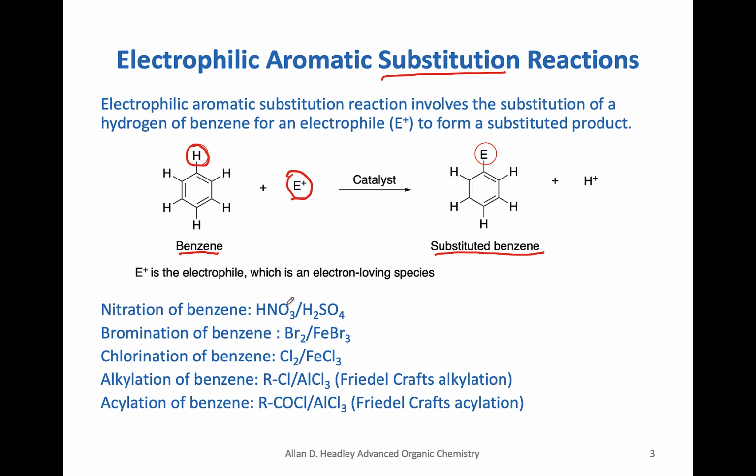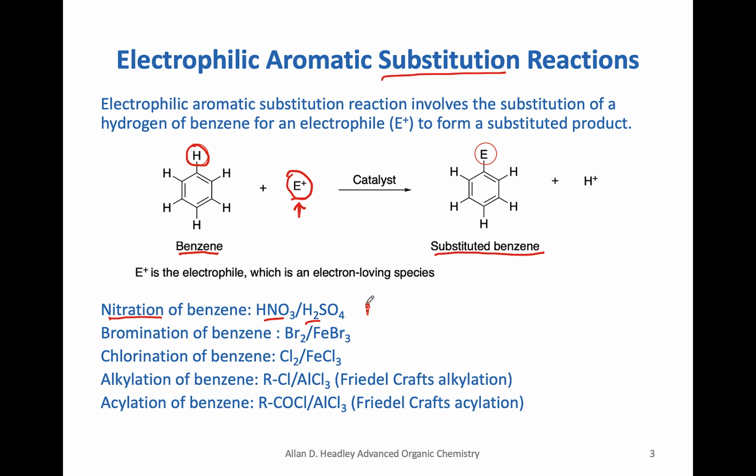So we have different ways of creating the electrophile, or different reaction conditions for creating the electrophiles. Of course, since the benzene ring here is nucleophilic and unreactive, or very stable because of the aromaticity, catalysts are required for these reactions to occur. Here is the nitration of benzene. It requires nitric acid in the presence of sulfuric acid to create the nitronium electrophile.